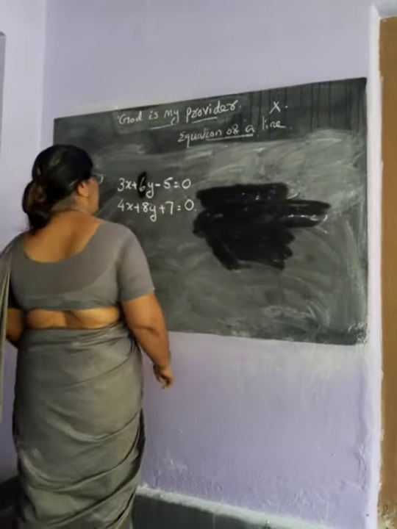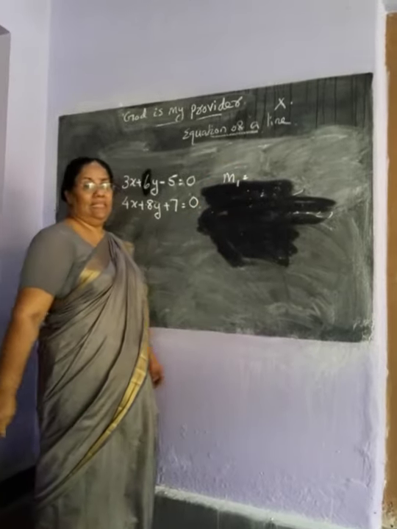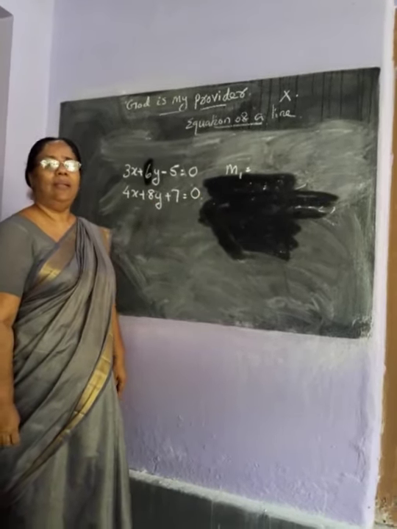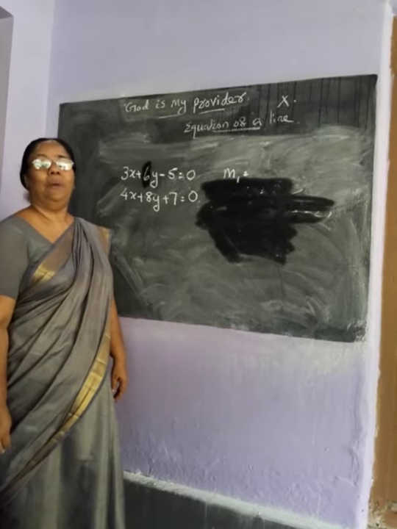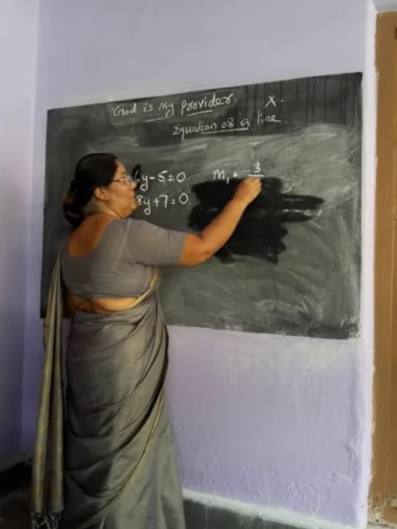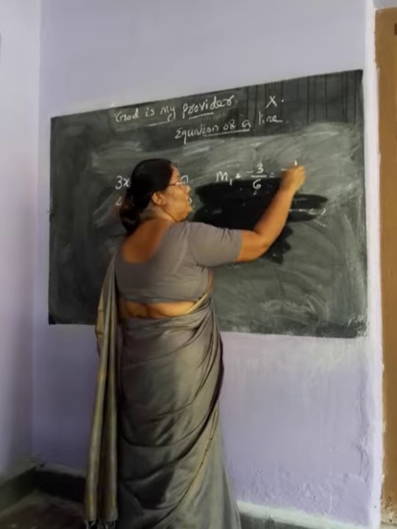Here the equation is given. Can you write m1? This is an equation form. What's the formula to find m1? m1 is equal to minus a by b, minus 3 by 6. What is the answer? That is equal to minus 1 by 2.